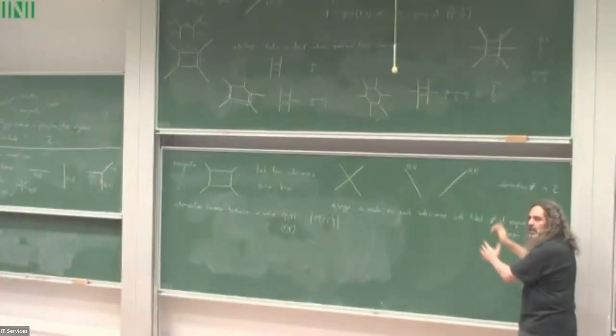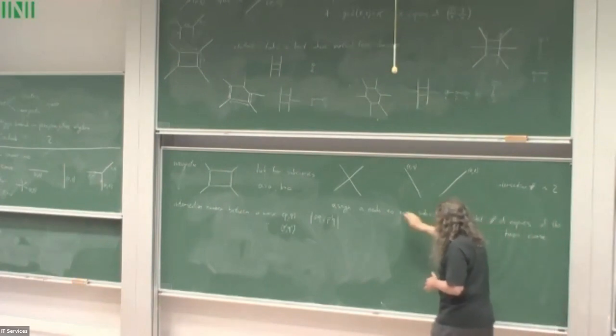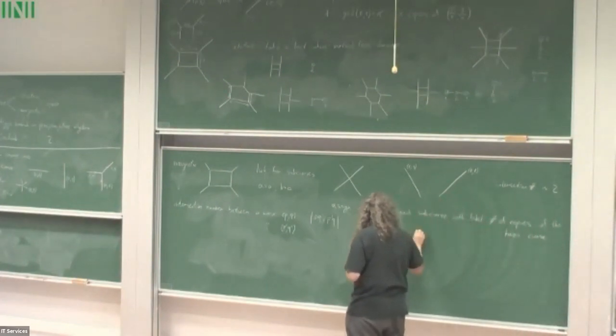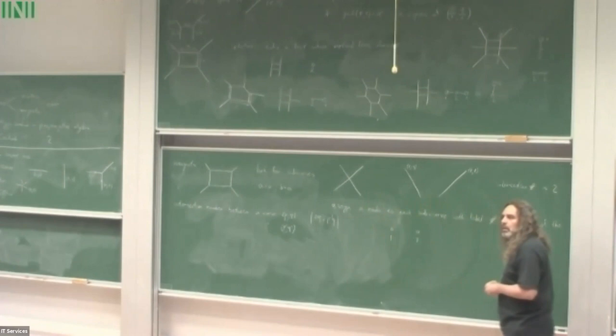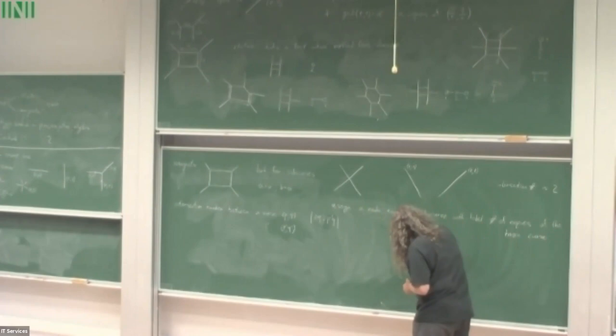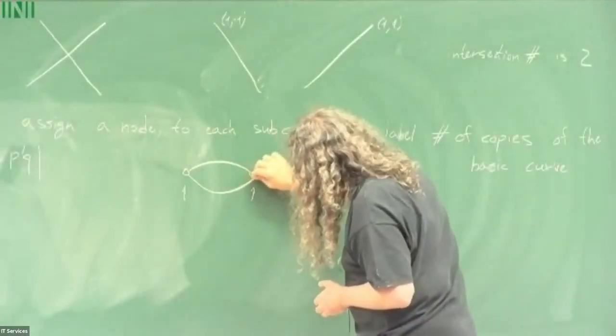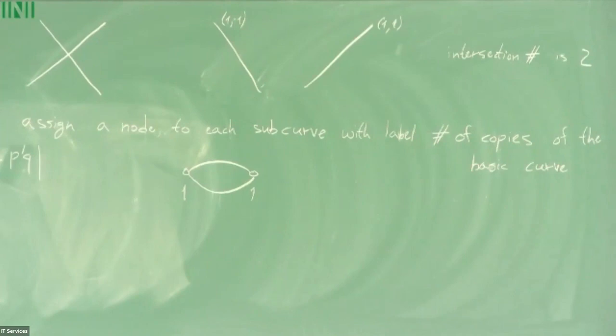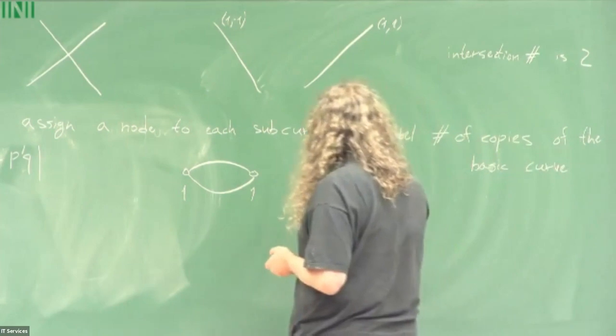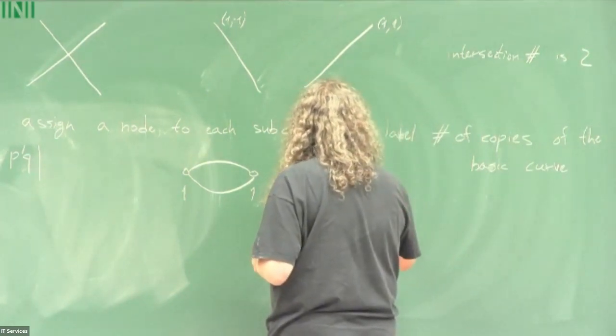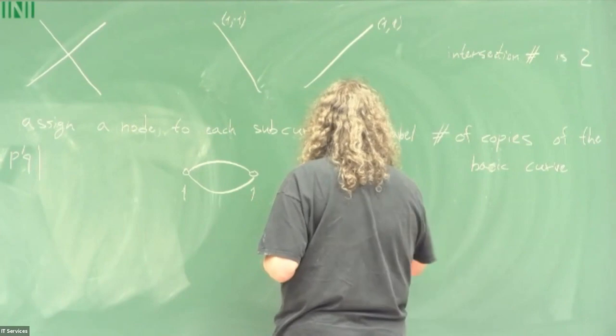So now I take those ingredients. I have 2 curves, so 1 node per each. There's 1 copy of each, so label 1. And the intersection number is 2, so I'll put 2 edges connecting them. If there was intersection number 1, then it would be 1 edge. So the intersection number is the multiplicity of the edge that connects them. This is now the affine A1 diagram.